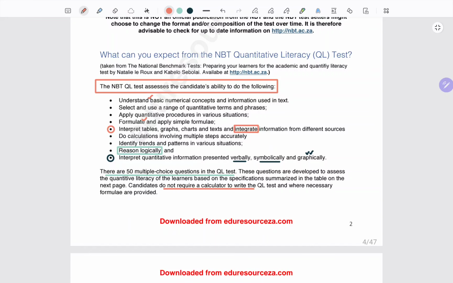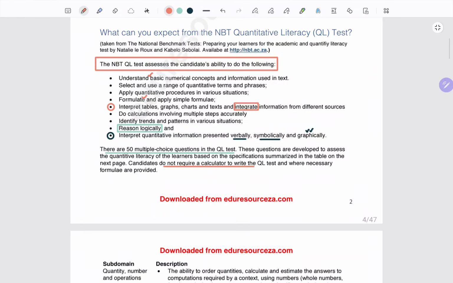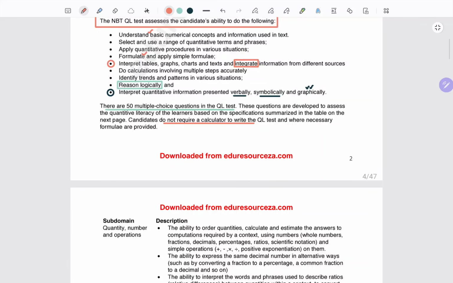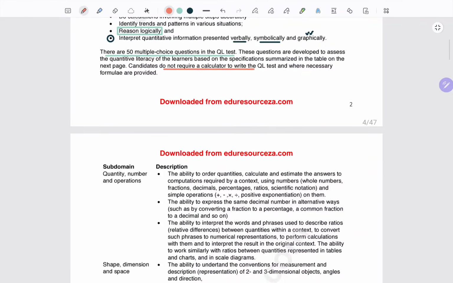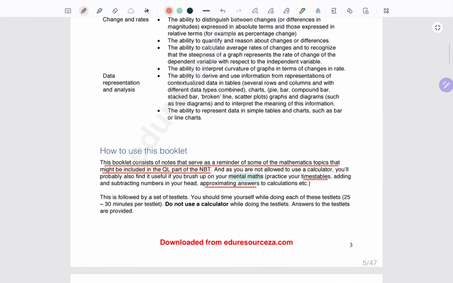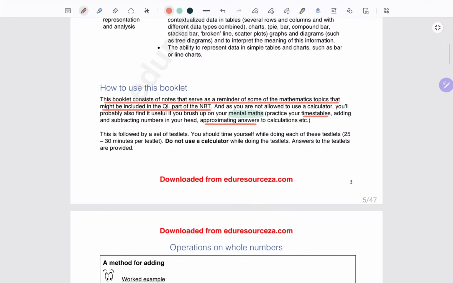These questions are developed to assess the quantitative literacy of the learners based on the specifications summarized in the table on the next page, which I'm not going to read for you. And of course, folks, you do not need the calculator here, but formulae may be given when necessary, or perhaps when you could easily have forgotten. Please read the descriptions here and make sure you understand.